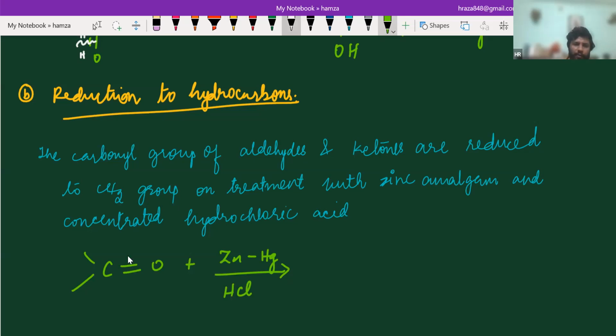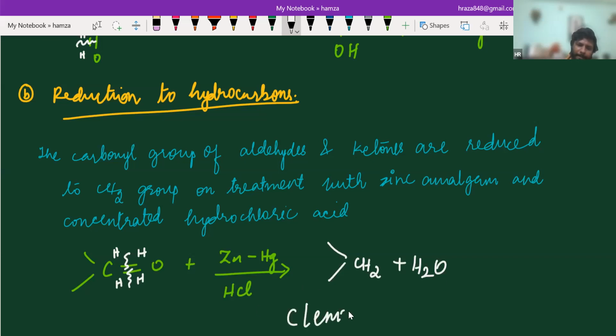One bond will be broken and hydrogen will be added here and here. Another bond will also be broken, and hydrogen will be added here and here. You will get a hydrocarbon, and this reaction is known as Clemmensen reduction.